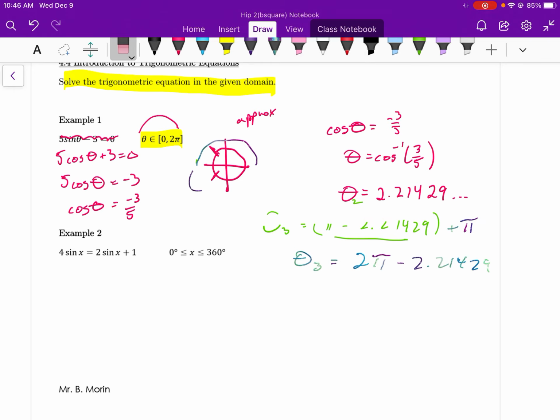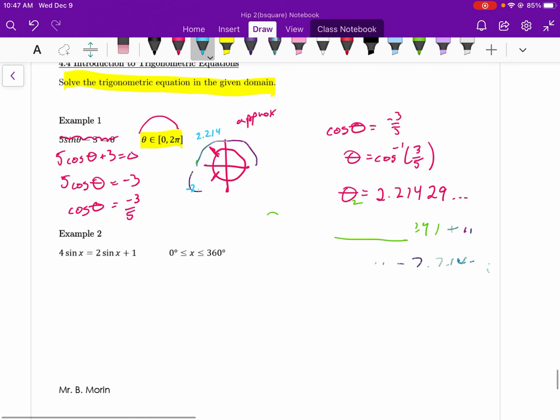Shall we? So I ask myself, isn't this where 2.214 is, and you can keep all the decimal places if you want. And then I'm going to reflect this in the x-axis, or I can conclude that this is where negative 2.21429 is.